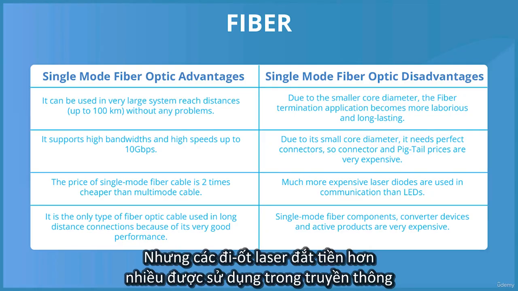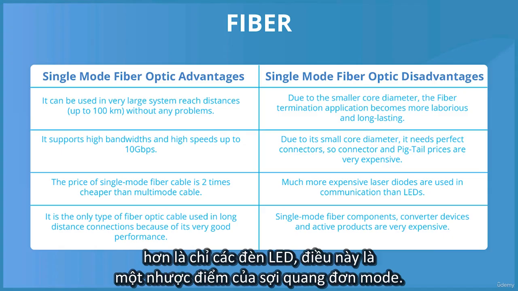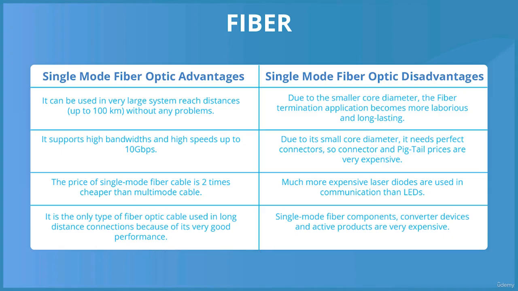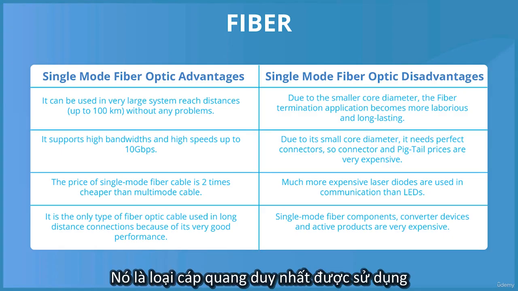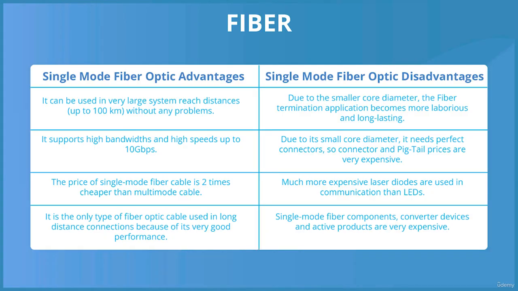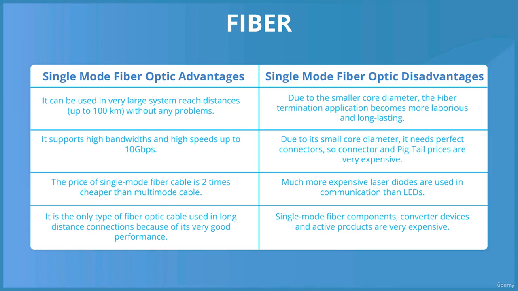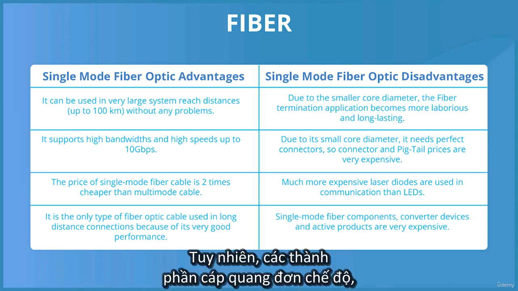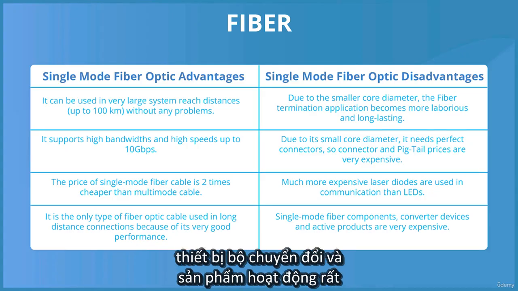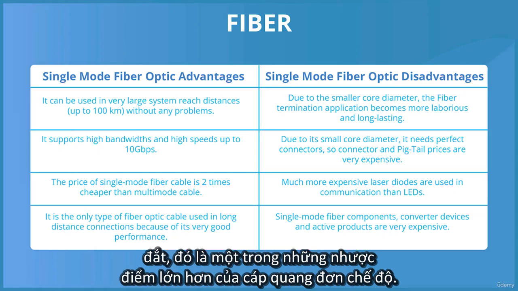But much more expensive laser diodes are used in communication than just LEDs, which is a disadvantage of single-mode fiber optics. It is the only type of fiber optic cable used in long-distance connections because of its very good performance, a superior advantage of single-mode fiber optics. Yet single-mode fiber components, converter devices, and active products are very expensive, which is among the higher disadvantages of single-mode fiber optics.